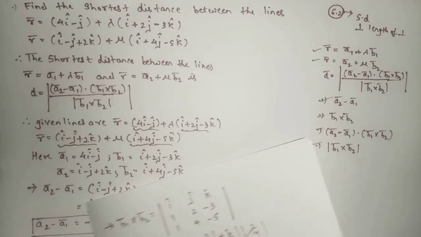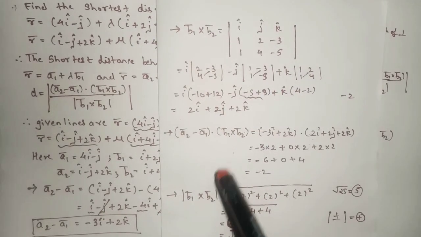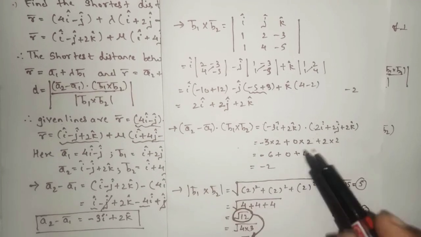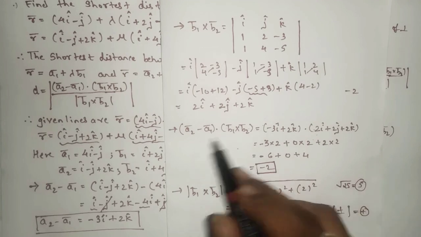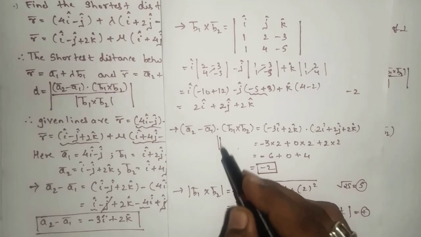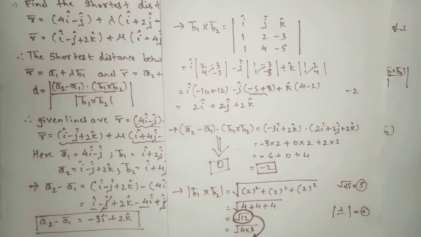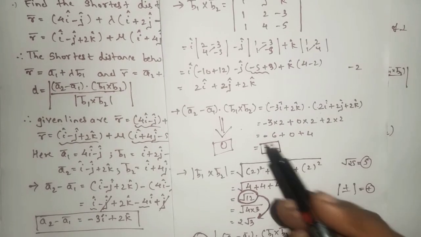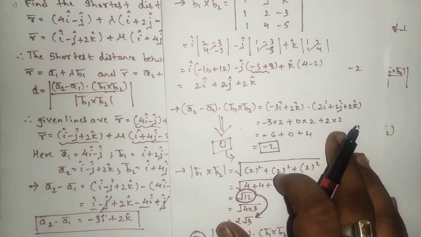You will find a2 minus a1, then the cross product, and then the dot product between these two. If the dot product is 0, then there is no need of finding the magnitude of b1 cross b2, and no need of writing the formula. Directly you can say that the two given lines are intersecting each other.